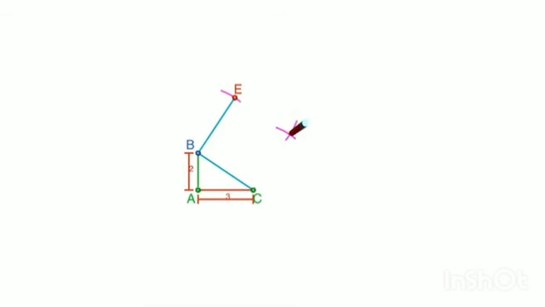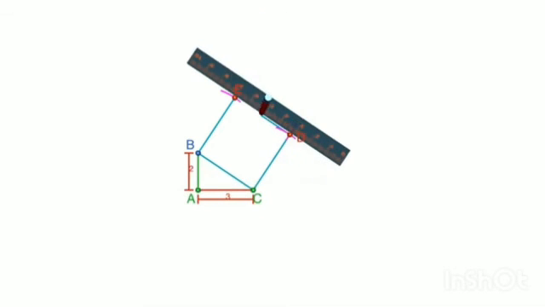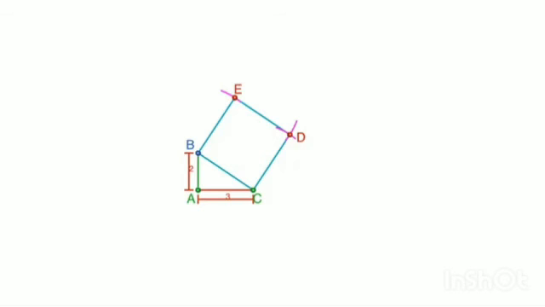Take the length of BC in the compass and draw arcs from E and C. The point of intersection is the fourth vertex of the square. Join CD and DE. The length of BC is root 13 centimeters and it is one of the sides of this square. Therefore, the area of this square is 13 square centimeters.